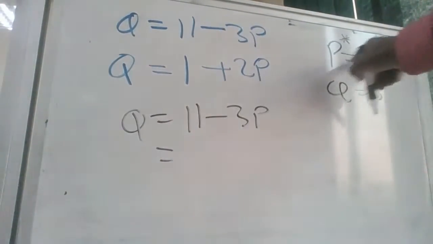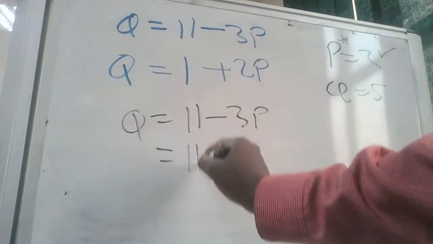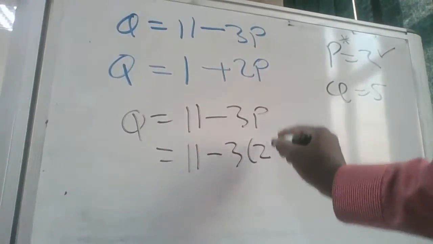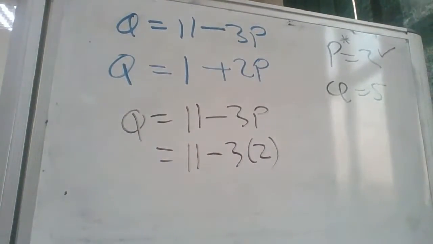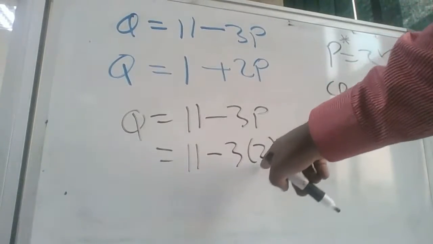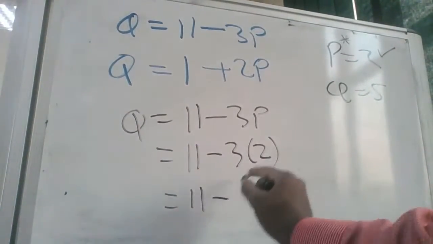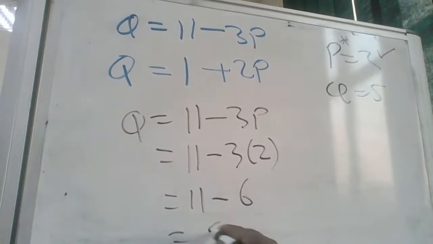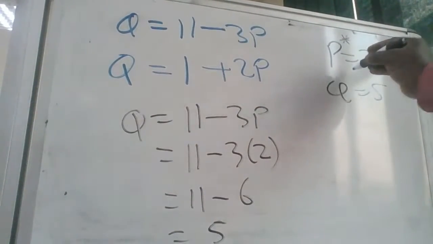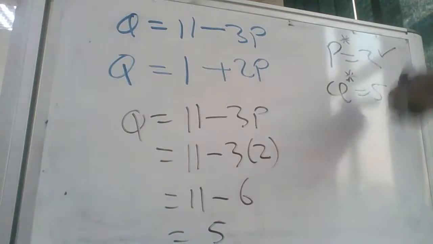And we're saying that P is equal to 2. So we'll have 11 minus 3 multiplied by 2. And if we multiply 3 times 2, we will get 6. Meaning we'll have 11 minus 6 here, which will give us a 5. And thus we conclude that the equilibrium quantity will be equal to 5.